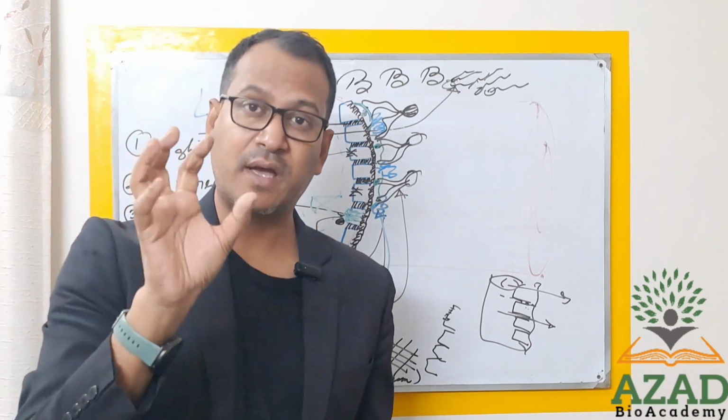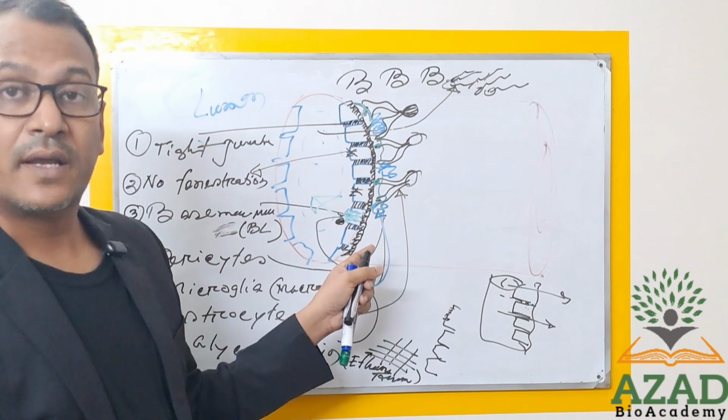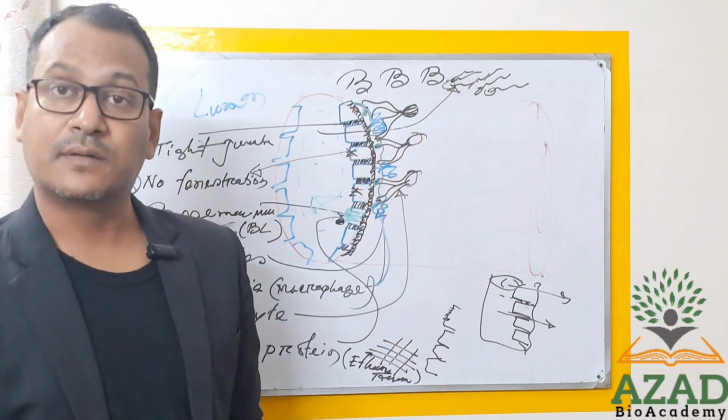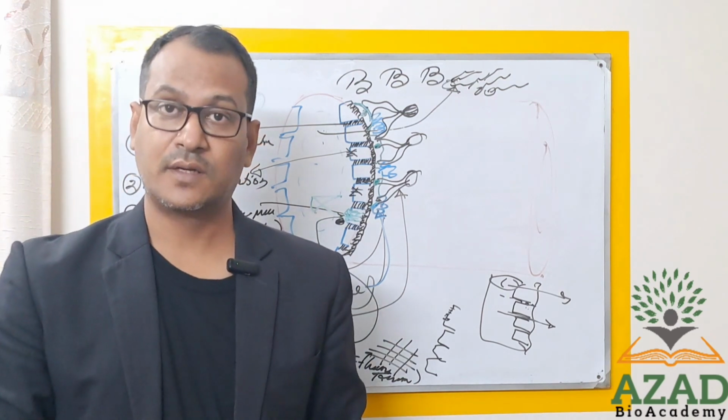So the area within the brain acting as a barrier from blood to brain cells is very restricted. That is the main thing about the blood-brain barrier.